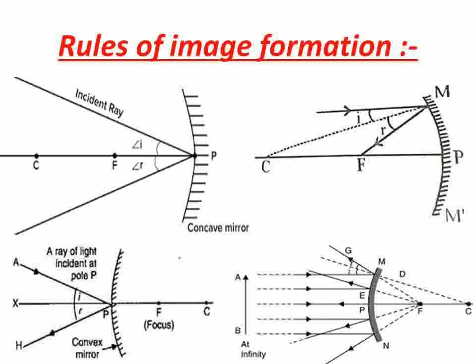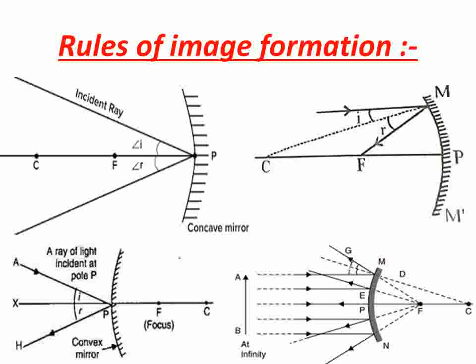Rules of image formation. The mirror is shown in the first figure, and the principal axis starts from P and passes through F, the focus, and C, the center of curvature. This extended line is always normal to the mirror surface.